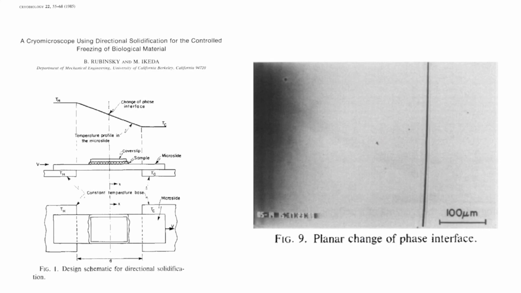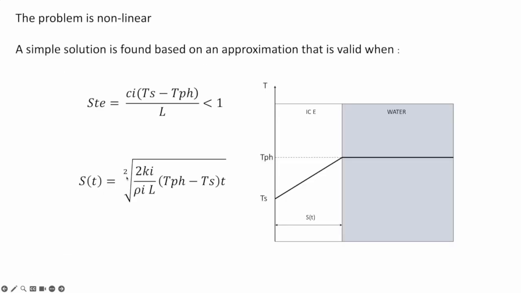This is a microscope that we have developed that looks at a layer of water between two cover slips. On that layer of water, we impose the temperature from a high temperature above freezing to a low temperature below freezing.